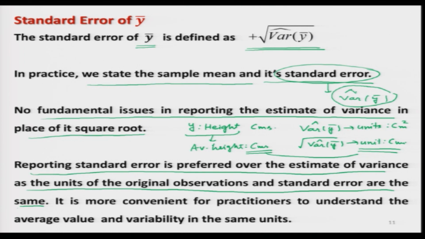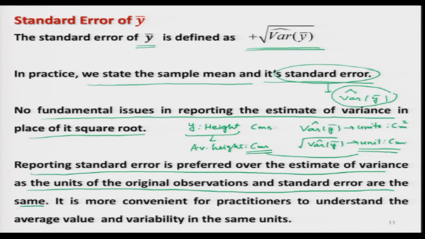For example, suppose I ask you a simple question: suppose the variability of the variable height is measured in centimeter square. That means the observations are originally measured in, say, centimeters. So now the unit of the variance will be centimeter square.